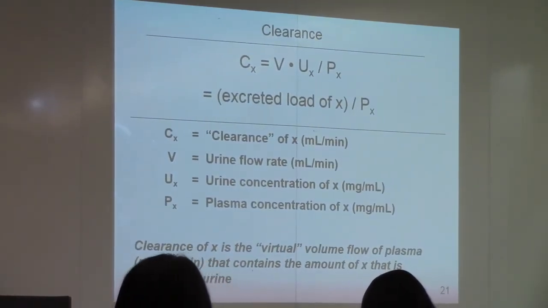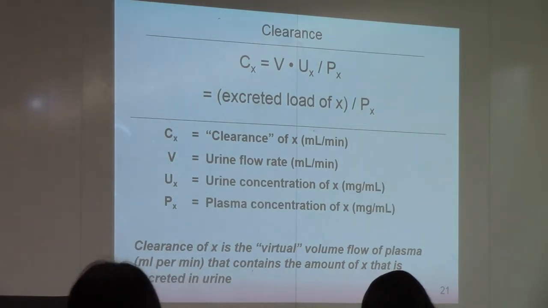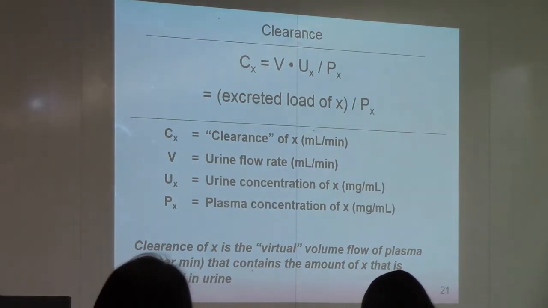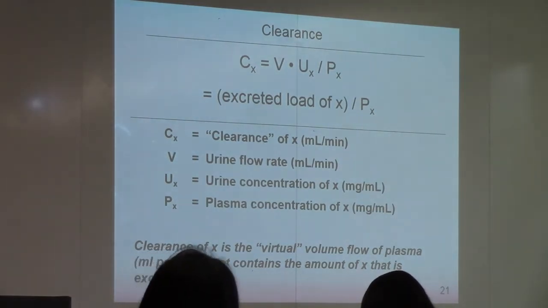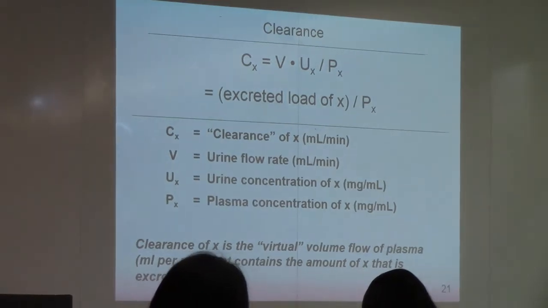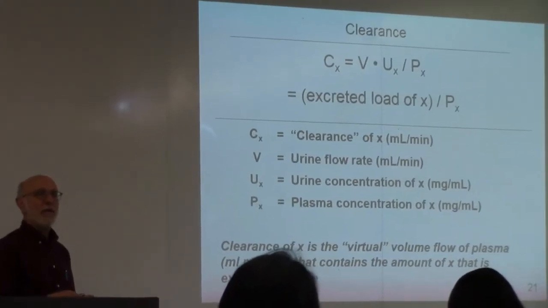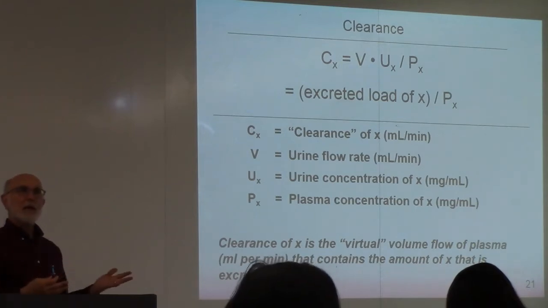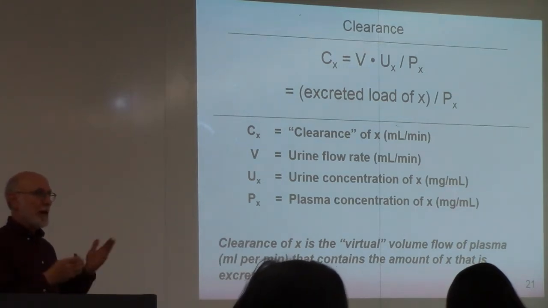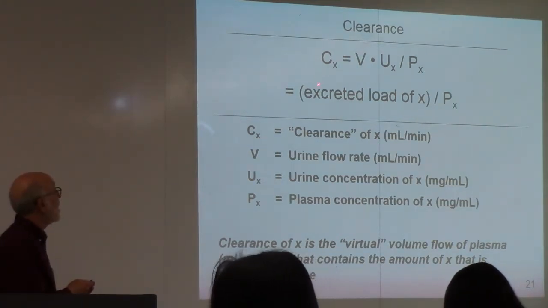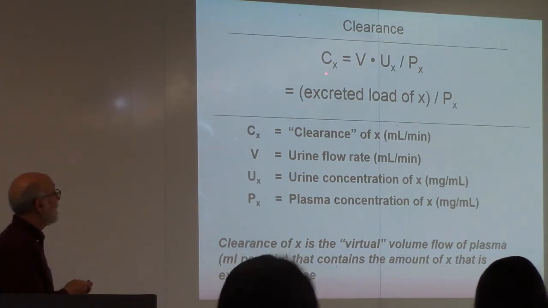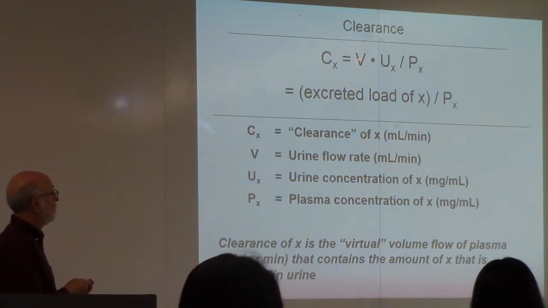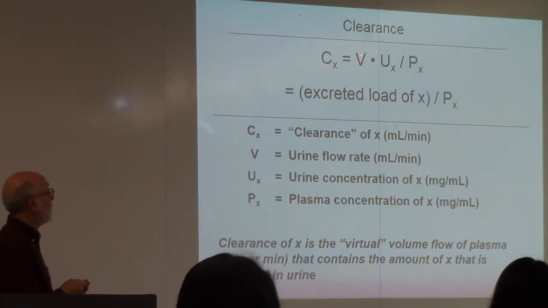So here is the equation for clearance, and you do need to know this. It will be helpful to know it for the quiz. Yeah, you should know it for the quiz. Well, I'm just going to translate this equation into words to help it make sense. The clearance of something is equal to the flow rate of urine times the concentration of that substance.